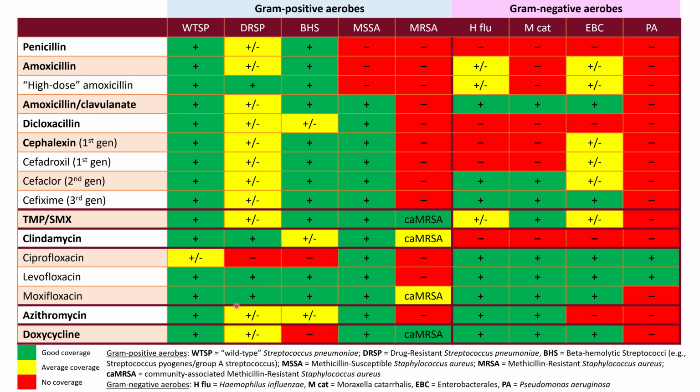Levofloxacin and moxifloxacin are the two that have excellent activity against beta hemolytic strep, as well as MSSA. Levofloxacin doesn't cover MRSA, but moxifloxacin can cover some community-acquired MRSA. But the rate of resistance might be increasing with moxifloxacin.